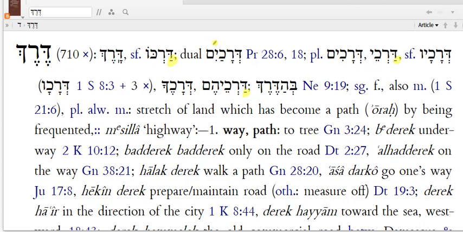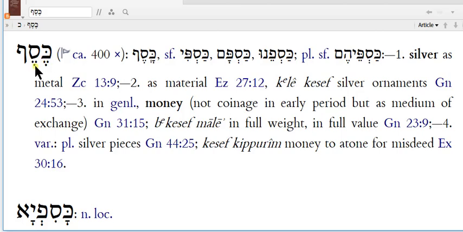Okay? Let's take a look at kesef, the word for silver. Here is kesef. Kesef means silver or money. And here I have the pronominal suffix, the hireq yod for my, added to kesef, and notice that it also has an original A vowel that the Segol of kesef has obscured. So it becomes kaspi, my kesef. Kaspam, this is the third masculine plural pronoun, their kesef.